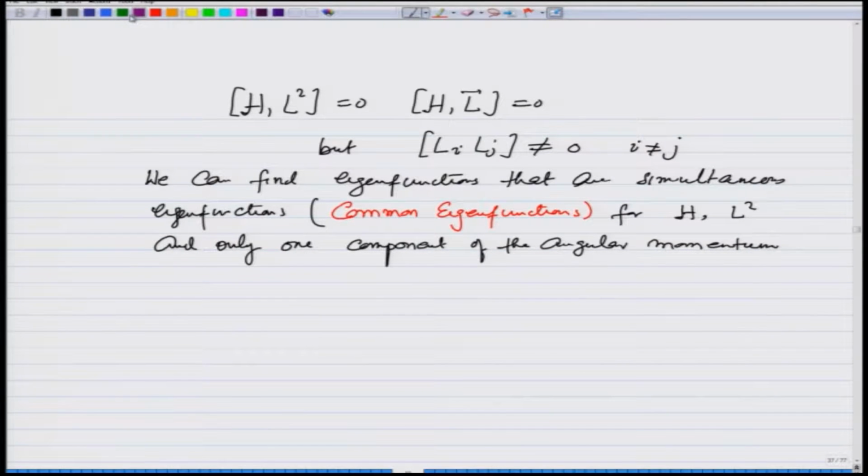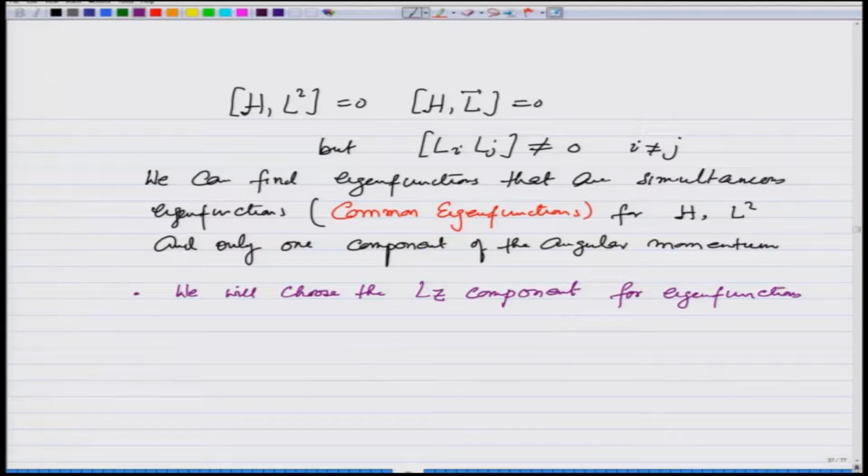And what we will do, because of the simplicity, is choose the Lz component for eigenfunctions. Why is that so? Because Lz has a very simple form, h cross over i d by d phi.